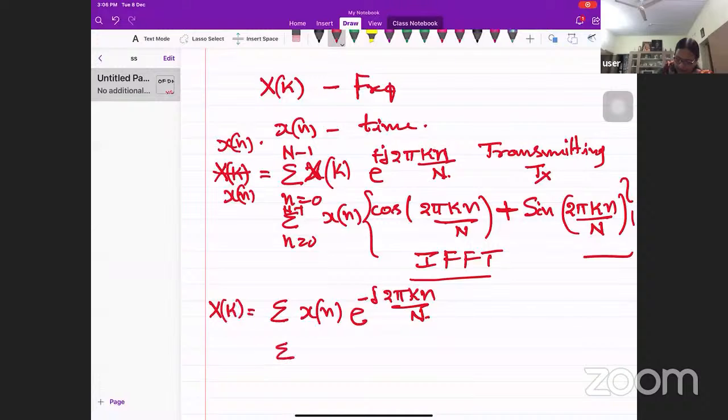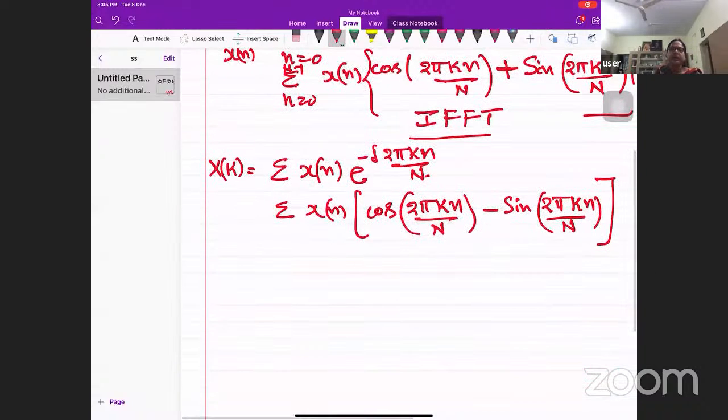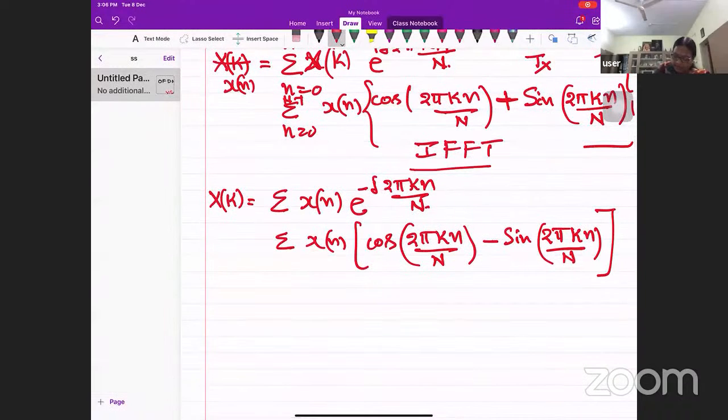That means the summation of x of n, cos 2 pi k n by capital N minus sine 2 pi k n by capital N. This is my equation, right? So one is IFFT and another one is FFT. So this one is FFT.